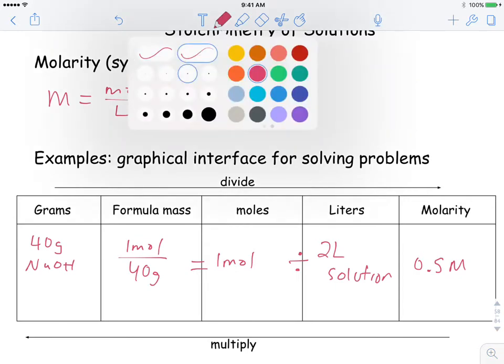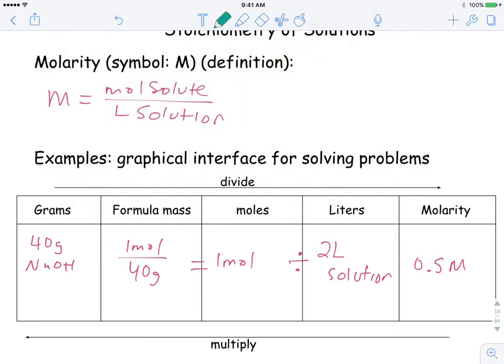Likewise, we could try another problem. How many liters does it take to make a solution that is 2 molar? Let's say we use NaCl, and you put in 116 grams of it. I don't know the liters here, so I have my 116 grams.